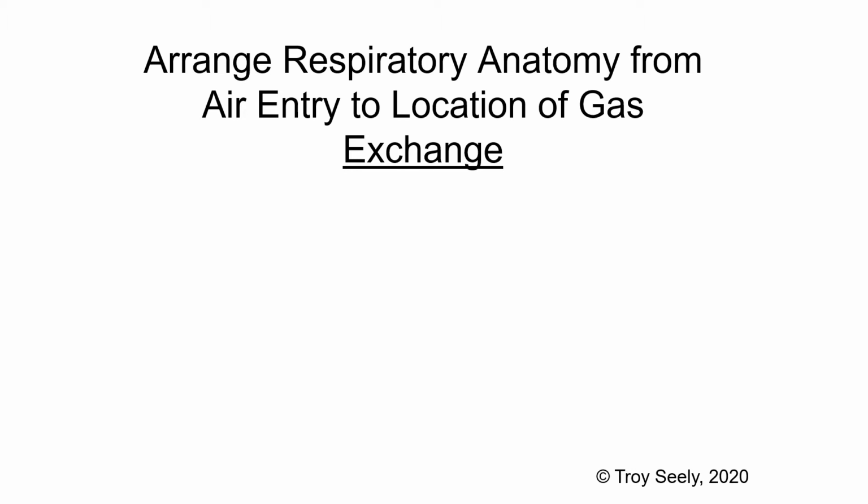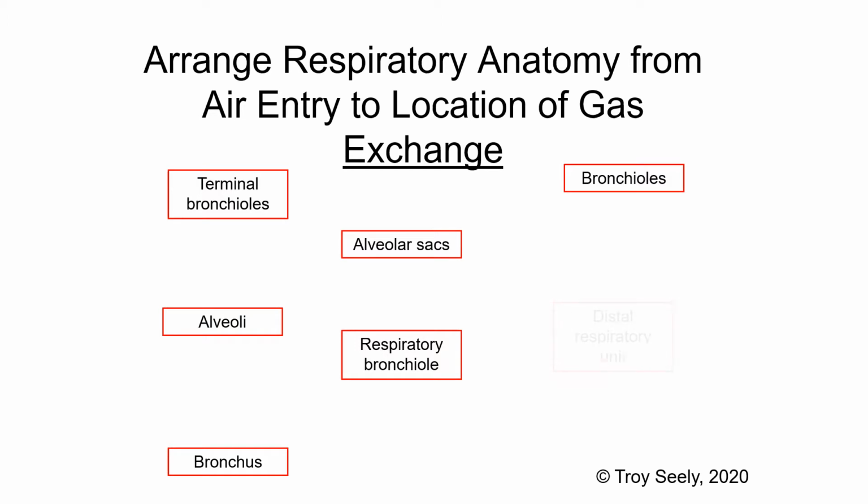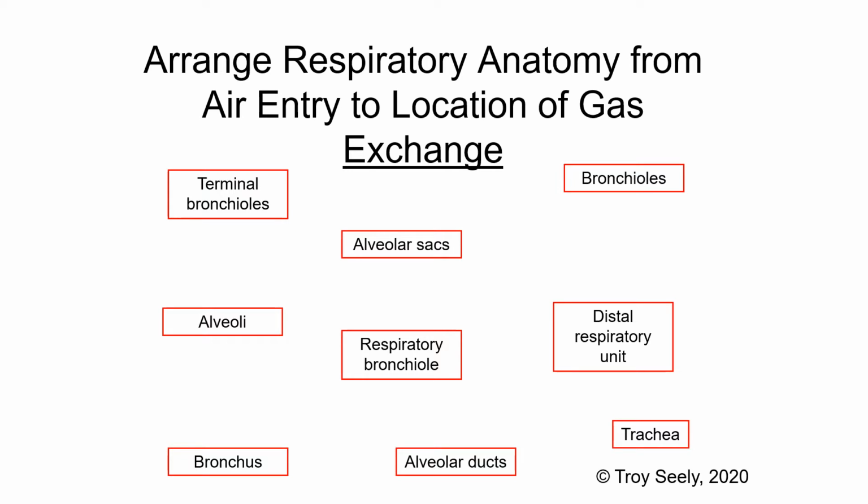So with that in mind, I'm going to bring up on the screen different items. Terminal bronchioles, alveoli, bronchus, alveolar sacs, respiratory bronchiole, bronchioles, distal respiratory unit, trachea, and finally alveolar ducts.